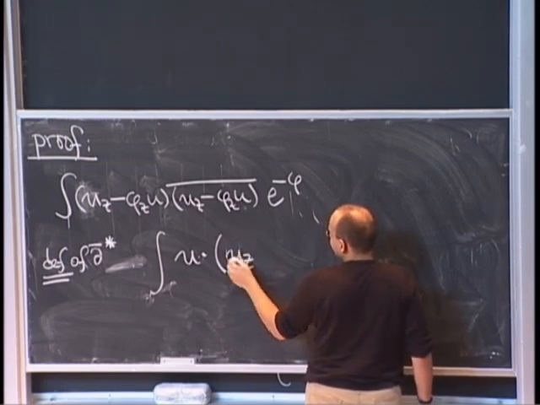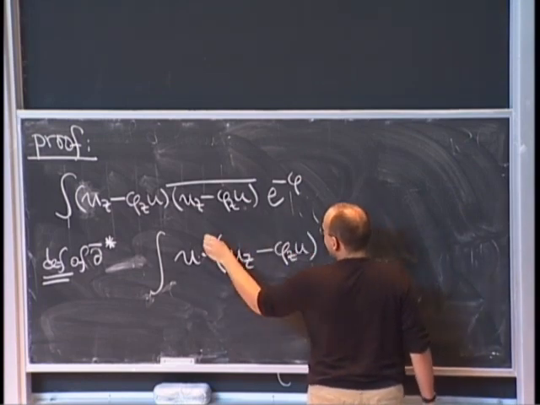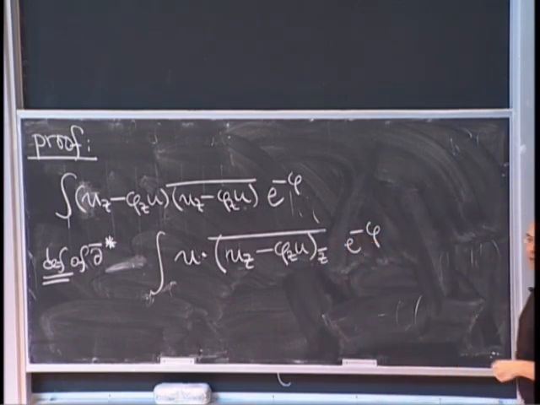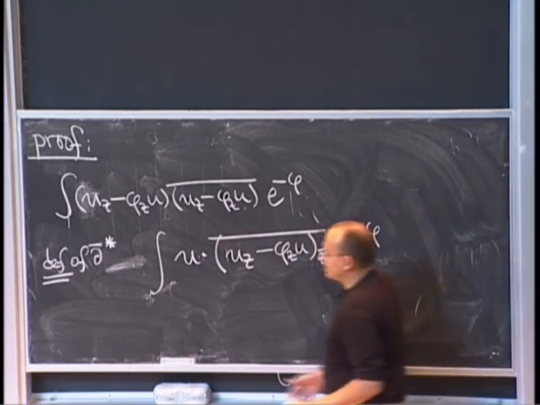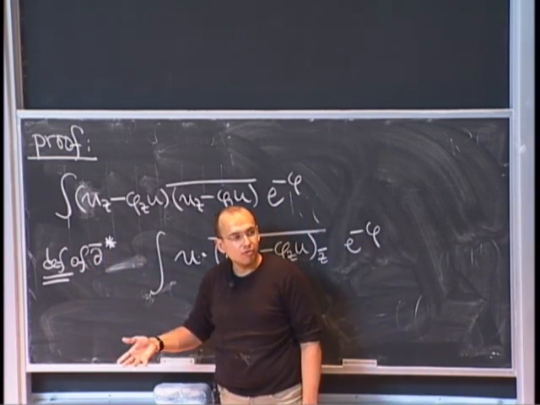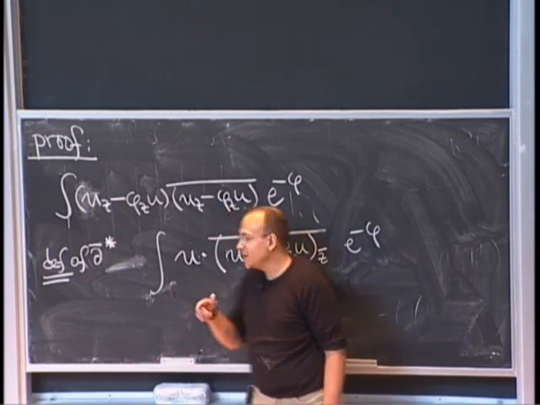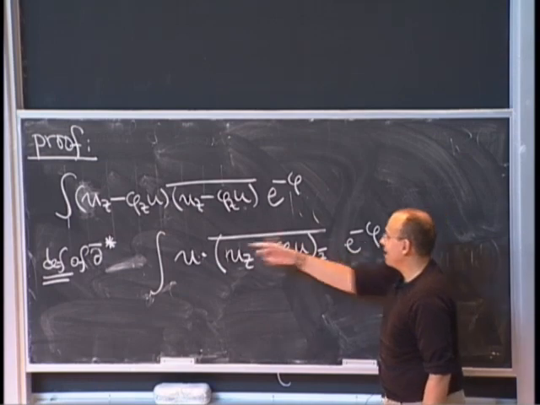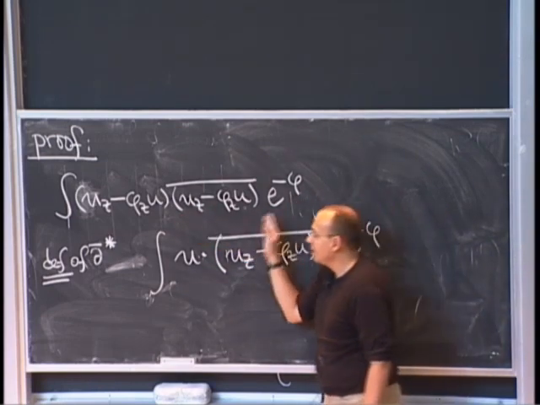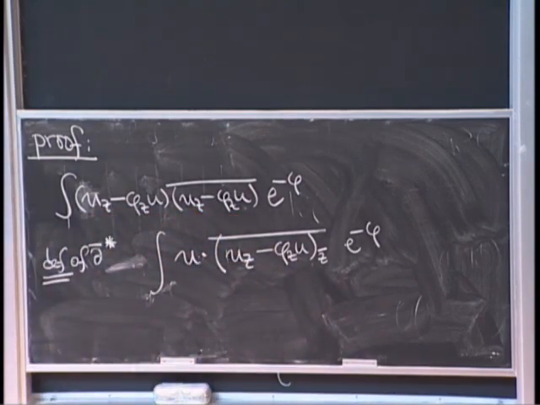So what I'm going to see is that I have a uz minus phi zu z bar e to the minus phi. And the point is it's a weighted adjoint. It's an adjoint not with respect to the Euclidean volume form, but with respect to this weighted volume form e to the minus phi dz bar. This means that if I do an integration by parts, I don't actually have to differentiate the phi anymore because that's already hidden. It's a weighted adjoint. This is why I have a derivative of phi in here.